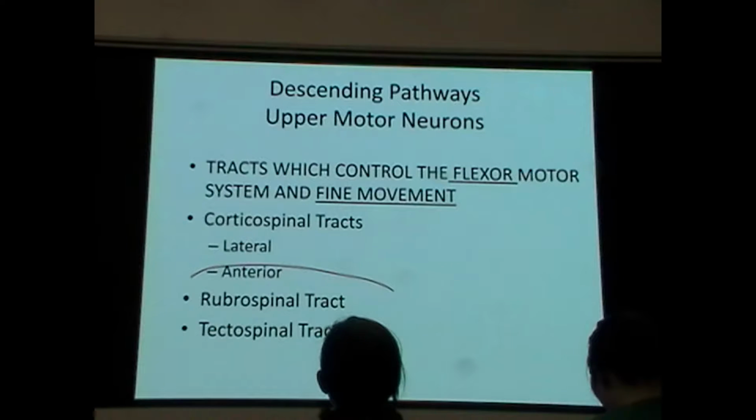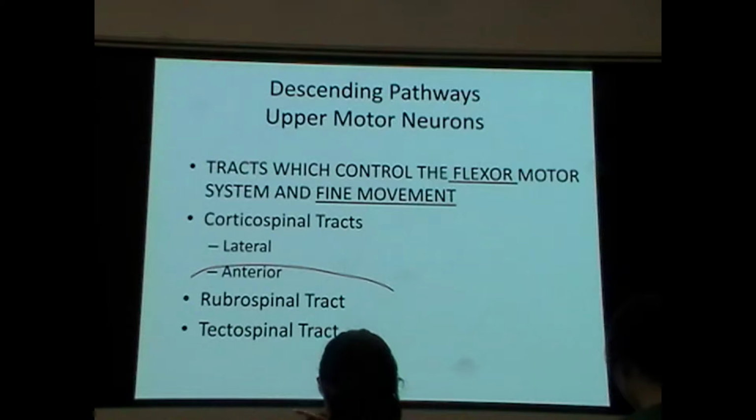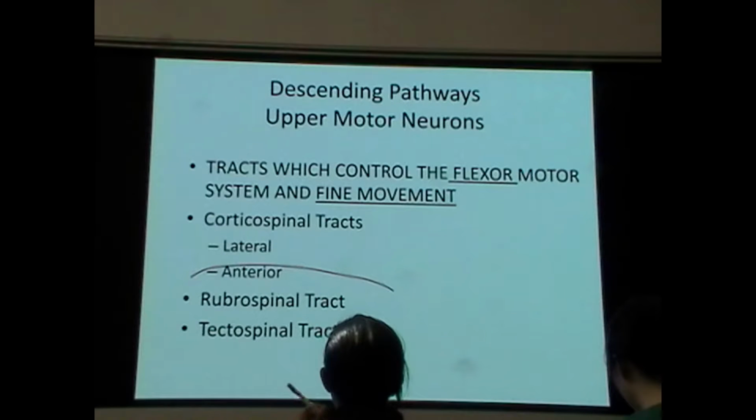So tectospinal is a response to things like audiovisual stimuli or even painful stimuli and causing us to move in relationship to things that we see, hear, or feel, at least from the perspective of input of painful sensation.